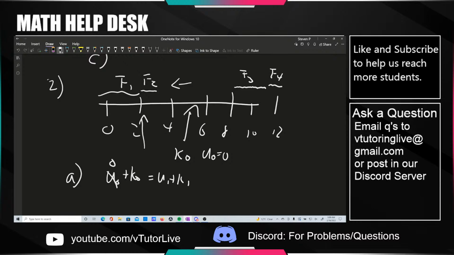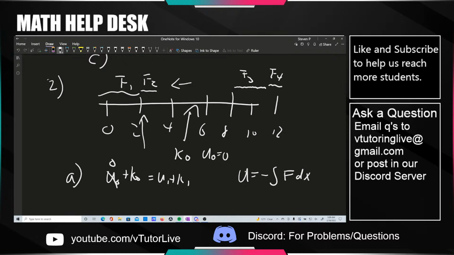If you have a conservative force, U is equal to the integral of F dx.